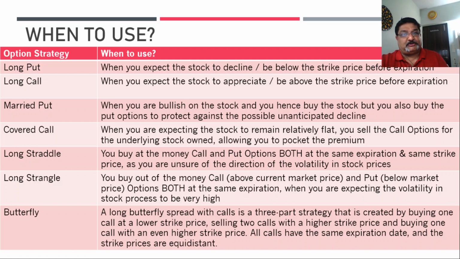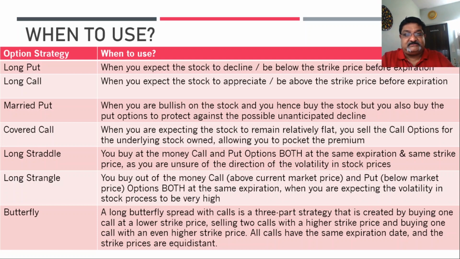You will buy this put option if you are expecting the stock prices to decline, or rather a better way to put it is the stock prices are expected to be below the exercise price or the strike price before expiration. Only then it makes sense to invest in a put option. So that's a long put strategy.